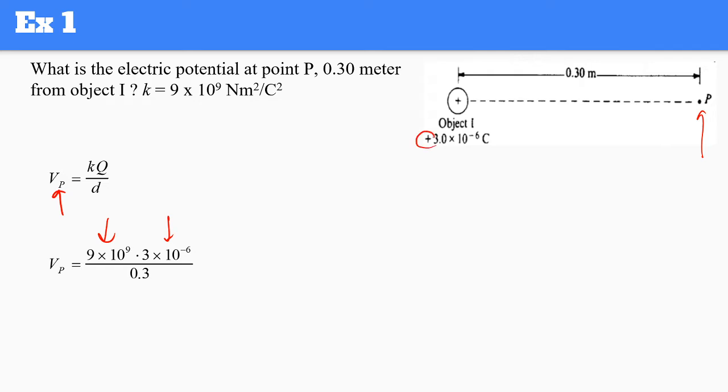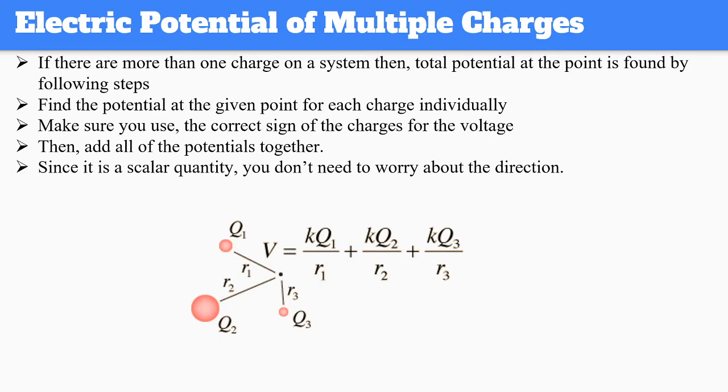And you have to be careful with the sign of it because it's a scalar quantity, but the sign of the charge will determine if it's going to be a positive or negative potential. It doesn't determine the direction. And distance is 0.3 meters. Once you put all of them together, it's going to give you 90,000 volts.